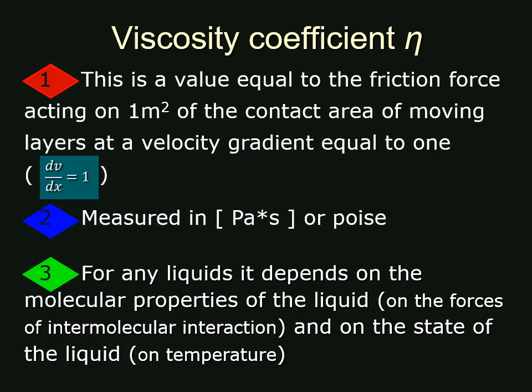That is, if two layers of a moving fluid interact on an area of 1 square meter, and the velocity shift is 1 meter per second between these layers, then this friction force will characterize the viscosity of this liquid.